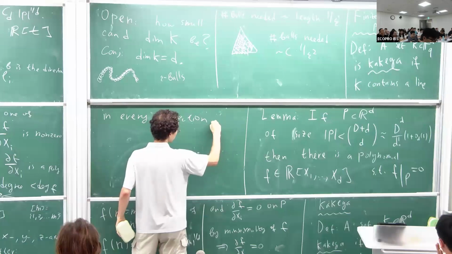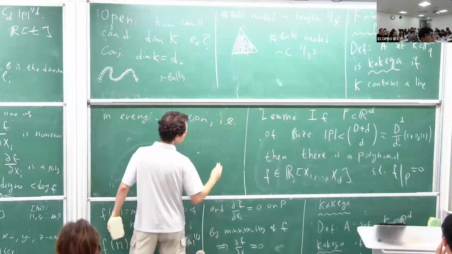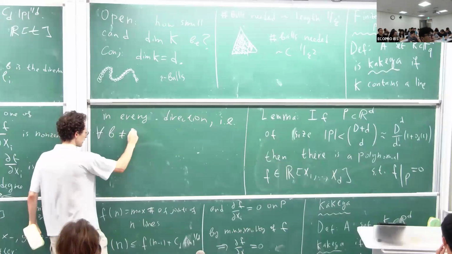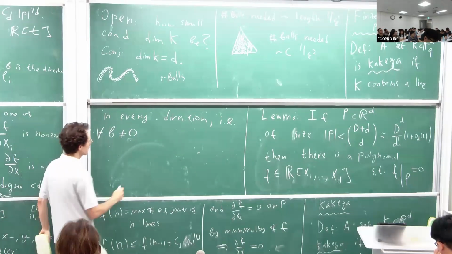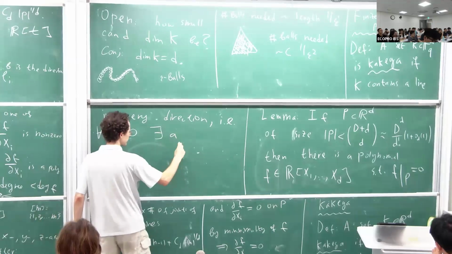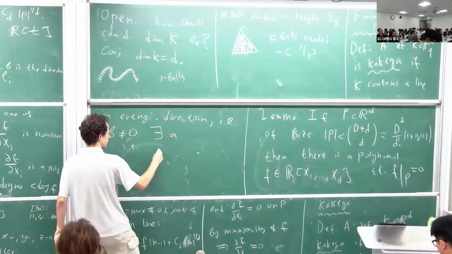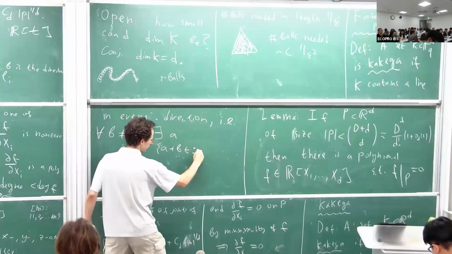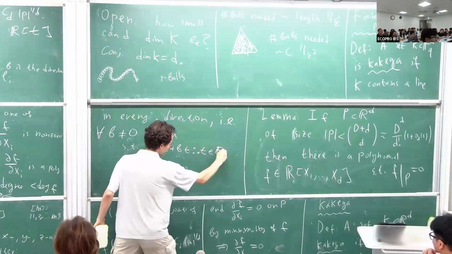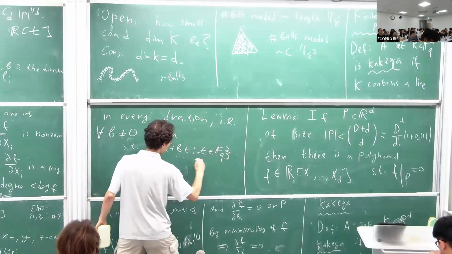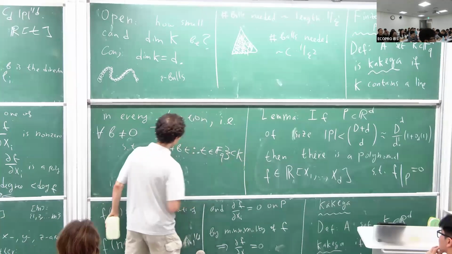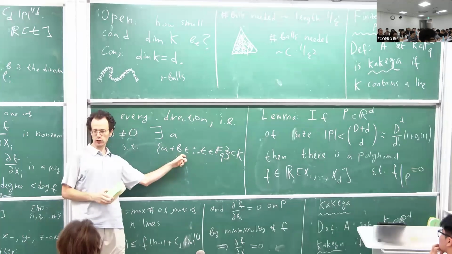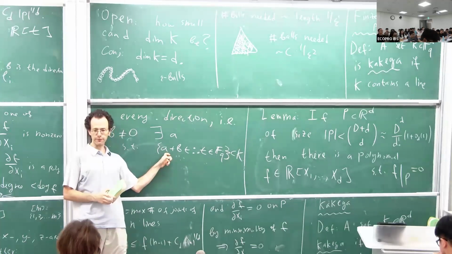Okay, so let me just spell out what that means. That means for every direction, so every non-zero vector b, there exists some line {a + tb} that is inside K. So this is the equation of a line in direction b with a starting point a.